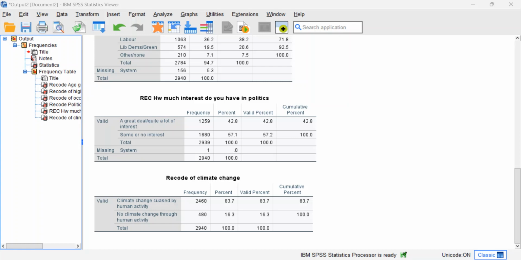So in order to be able to look at these more complex relationships, we need to carry out multivariate analysis. So we need to be able to carry out a model of how different variables impact on the variable of interest, which in this example here is people's views about climate change. And that's what we use logistic regression to do.